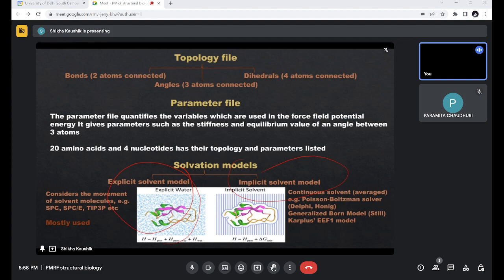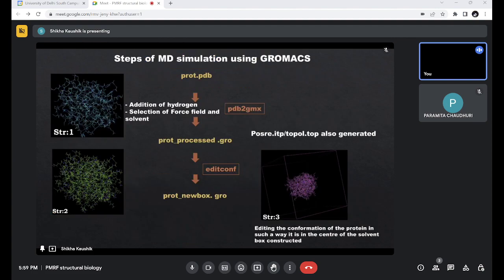So it is relatively less computationally demanding. It is easy to make because you are not providing hundreds or thousands of molecules. You are just providing a continuous medium, a continuous solvent present in the surrounding. This is the difference between the two systems.